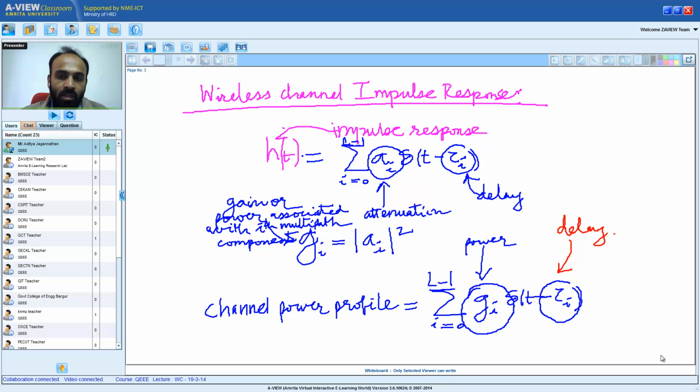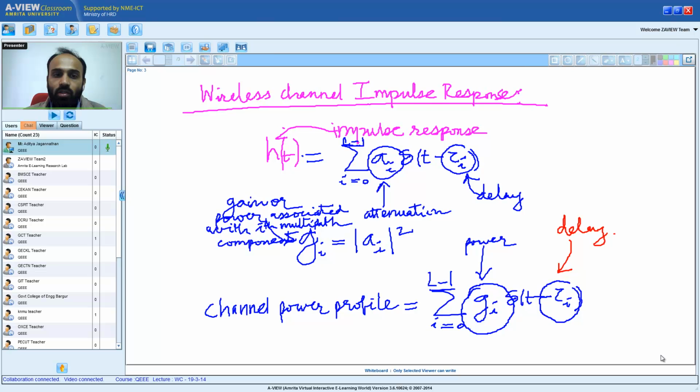What this is saying is that there is a component of power or gain G i, equal to magnitude a i square, arriving at a delay of tau i. Right? Is that clear to everyone?